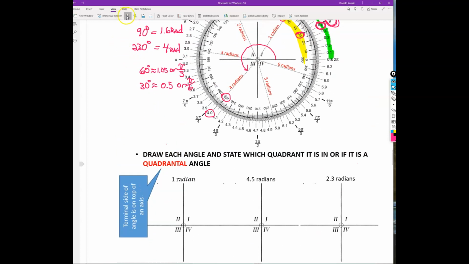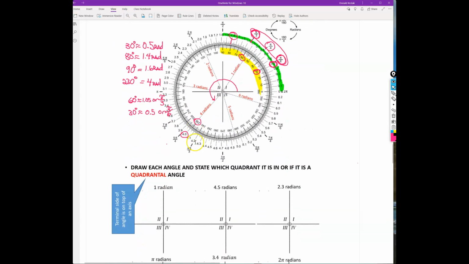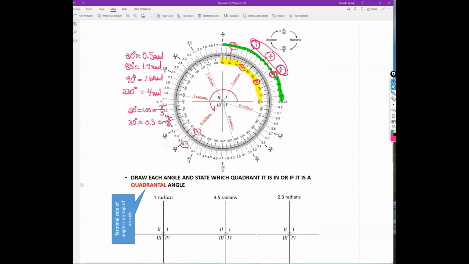Well, if we look at our little graph here, 1 radian, remember those are the numbers in green. If I said draw an angle in standard position that was 1 radian, standard position means that's the first side, and 1 radian is going to be about 60 degrees. So I'm just going to eyeball about 60 degrees. This is 1 radian.